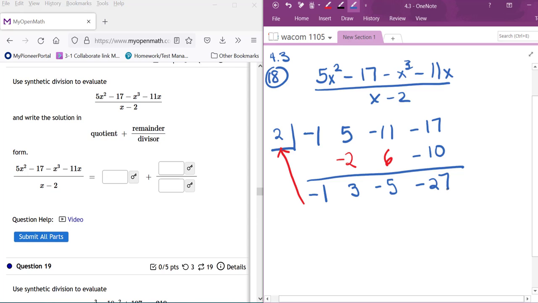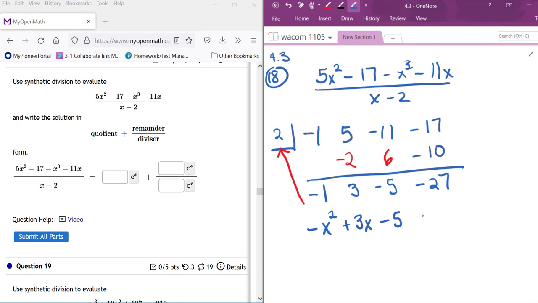To put it back together, you're going to drop 1 degree lower than where you started. We started with the highest exponent, x to the third. So this is going to go back as x squared. So -1x squared plus 3x minus 5. And the form they ask for is here. This will be our first polynomial.